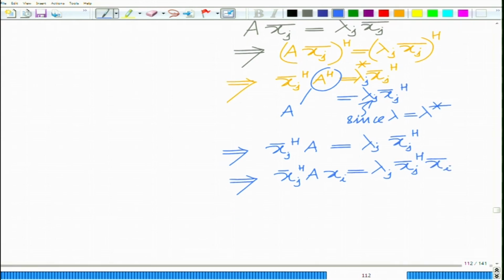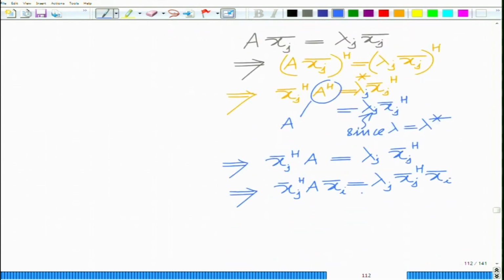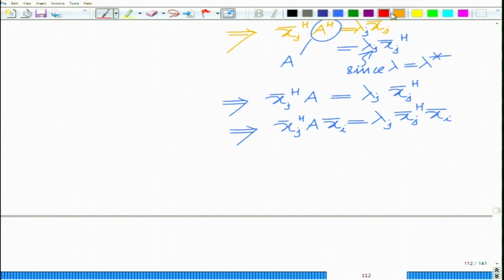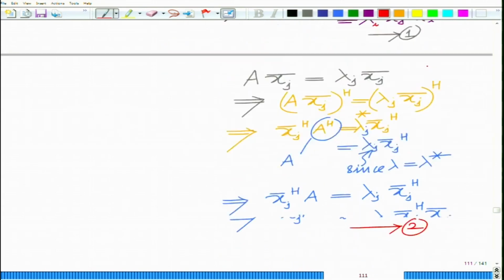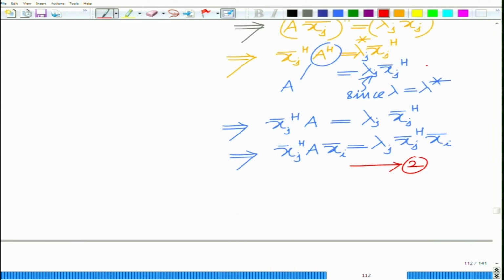Okay. So, xj bar Hermitian A xi bar equals lambda j xj bar Hermitian xi bar, and this we can denote as result 2. And now, from result 1, xj bar Hermitian A xi bar equals lambda i xj bar Hermitian xi bar. Similarly, from result 2, xj bar Hermitian A xi bar equals lambda j xj bar Hermitian xi bar.